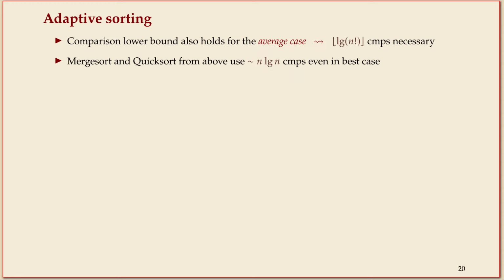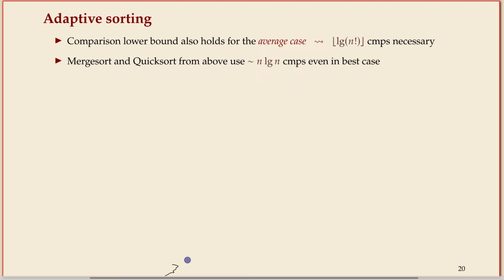Adaptive sorting is the idea that you try to exploit order in the input that's already there. Now, the comparison-based lower bound that I showed you in section 3.3, the way I formulated it was for the worst case, but you can actually do the same argument and get a bound for the average case. If you have this fresh in your head, every algorithm that's comparison-based is essentially a comparison tree.